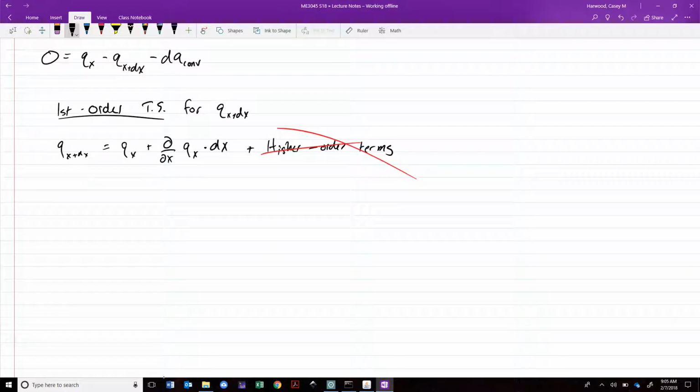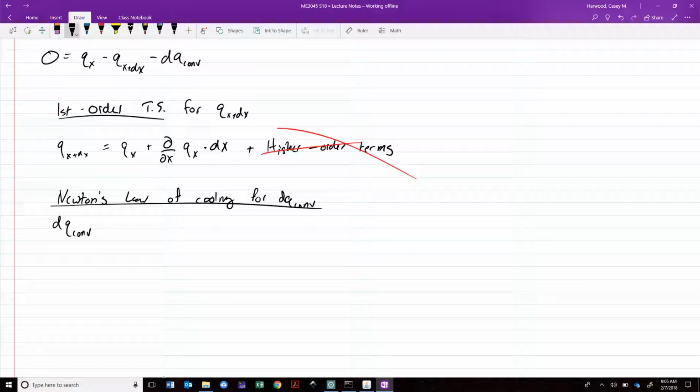And then our q convective, we can go ahead and take care of that using Newton's law of cooling. dq convective is equal to h times dAs times T at that location minus T infinity.